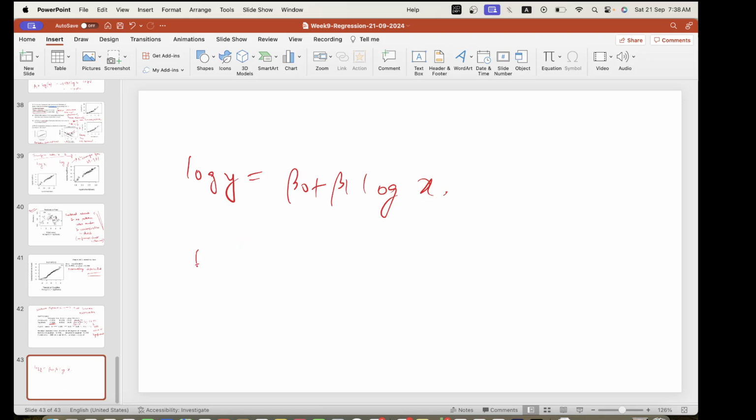So we can write this as log y equals beta naught plus log of x to the power beta 1.